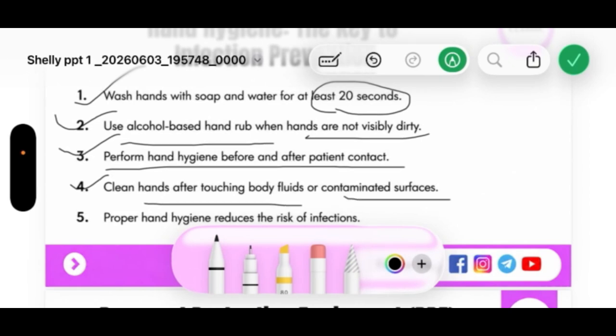After touching any kind of body fluids or contaminated surface, like the patient's bed or the catheter urine bag, we have to properly do our hand hygiene. And lastly, proper hand hygiene reduces the risk of infection. Yes, if we do proper hand hygiene, it will obviously reduce the risk of infection.